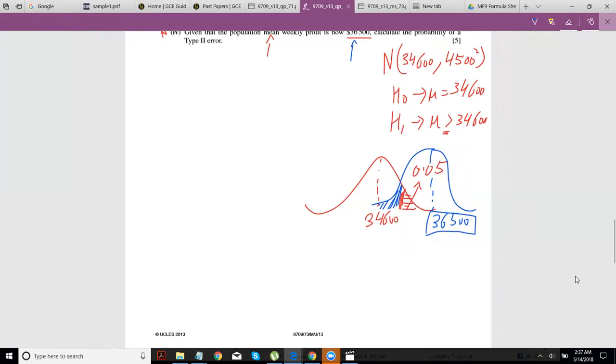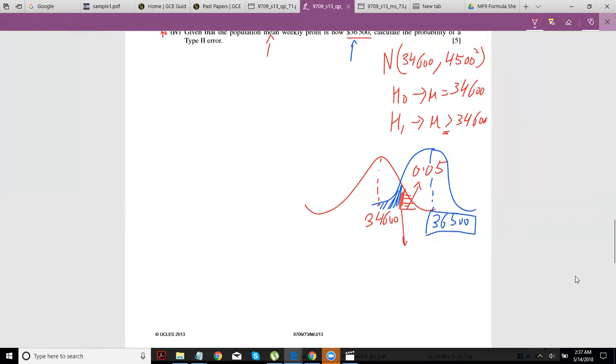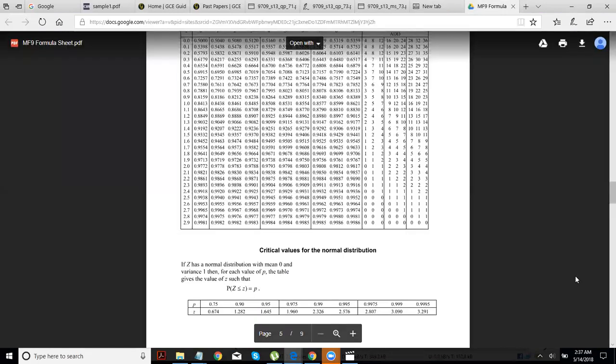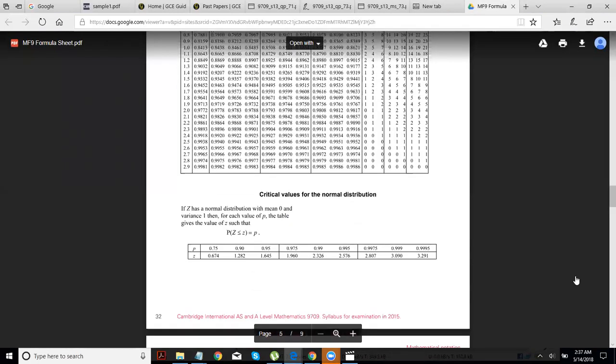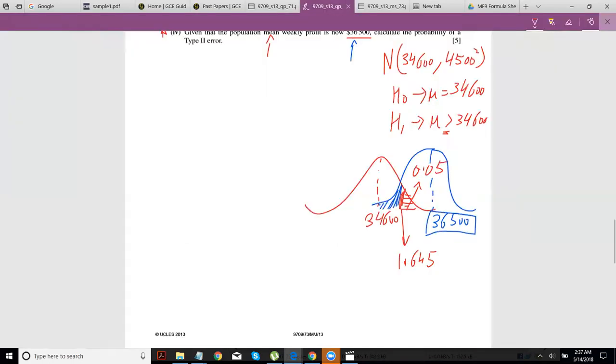If you notice, the Z value for this should be, I believe, 1.645. Let me just quickly check the MF9. Yeah, so if you look here, we're looking for 0.95, and the reason we're looking for 0.95 is because if you just draw it here, this particular area is 0.05.